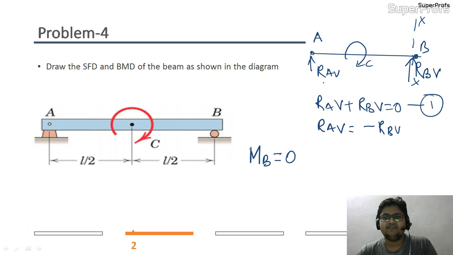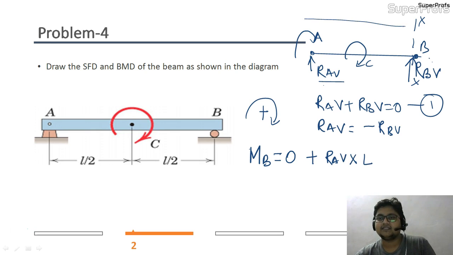So this RAV is producing a clockwise moment about this point B. And what is the magnitude? If I suppose the clockwise moment to be positive, then I can write positive RAV into L, that is the perpendicular distance L, and this couple C is also in clockwise direction. So I will write here plus C is equal to 0.